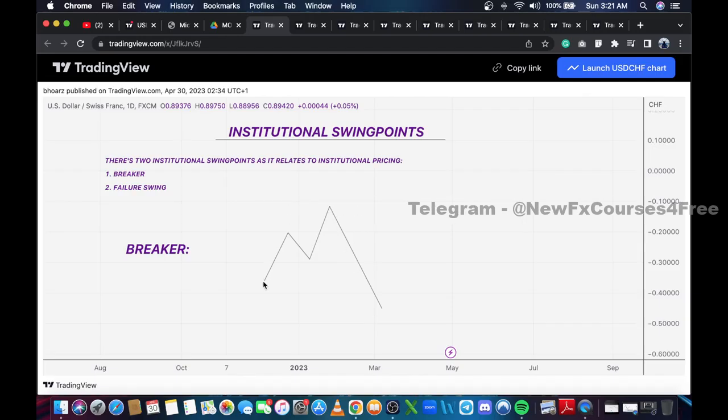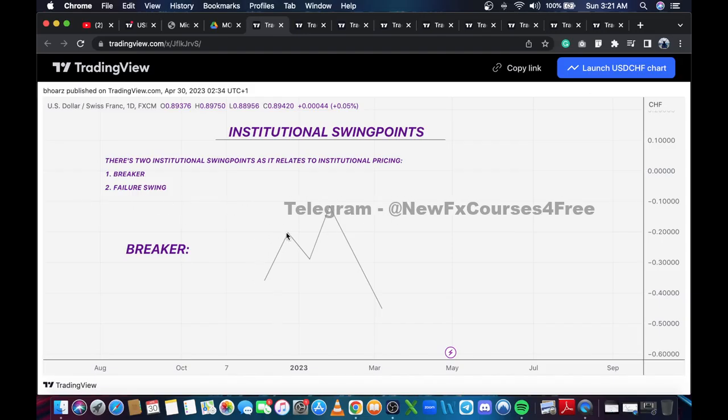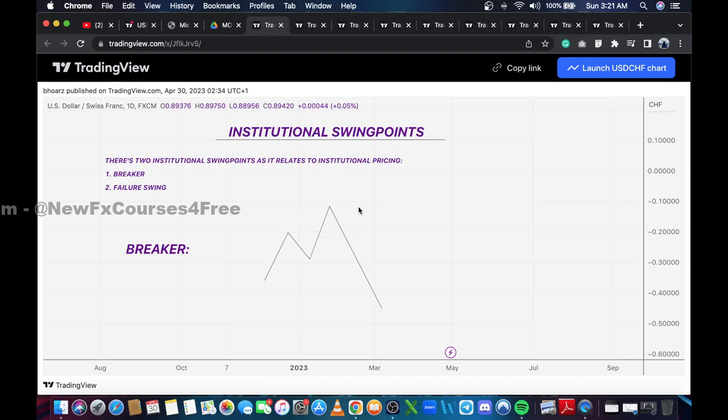But the breaker pattern essentially is when the market, again, not just at any random level, it has to be at a key higher time frame level, when the market runs up and falls just short. Again, there's not necessarily a need to trade through or deep into our key higher time frame premium. Okay, because this is a bearish swing point, so we're using premium arrays for our example or our description.